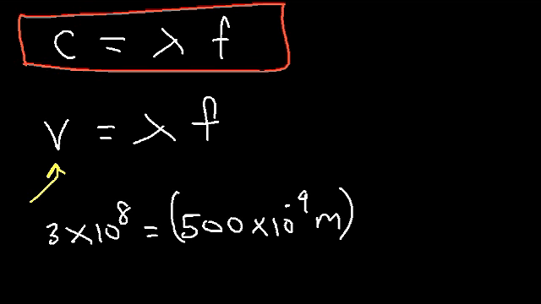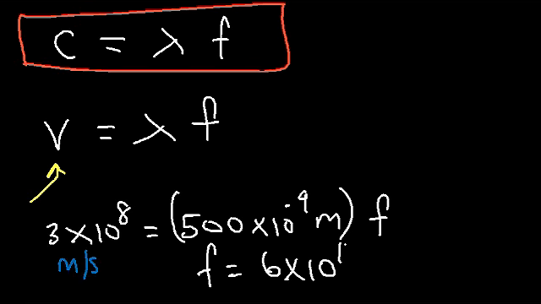If you're going to plug in the wavelength data into the equation, make sure you put it in meters because the speed of light is in meters per second. So we can solve for f. It's 3 times 10 to the 8 divided by 500 times 10 to the negative 9. And f is 6 times 10 to the 14 hertz. The unit hertz is the same as 1 over seconds, or s to the minus 1.